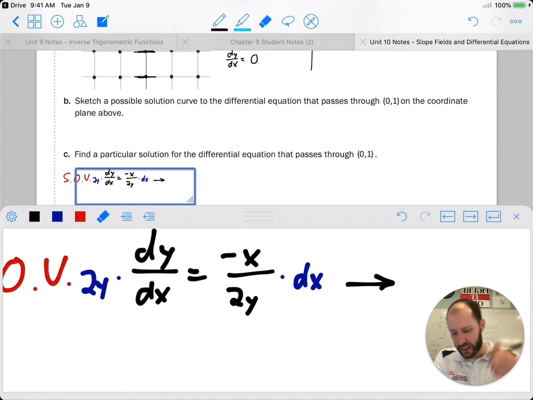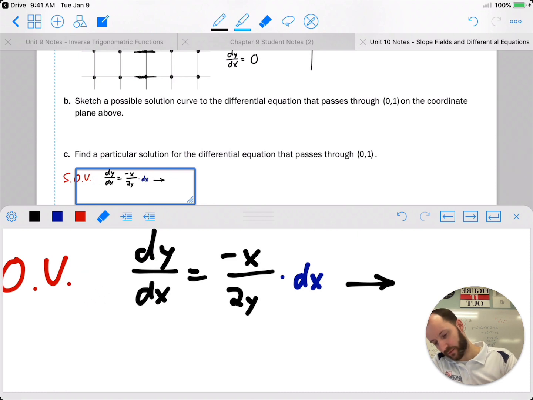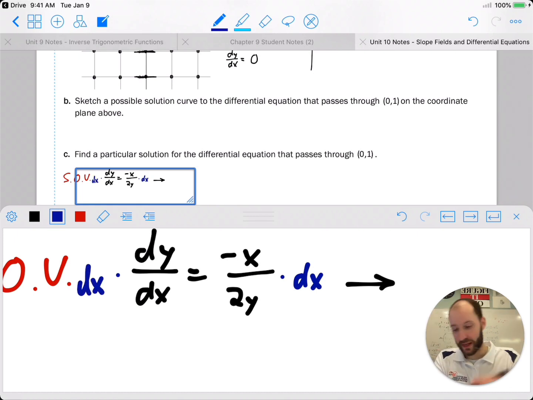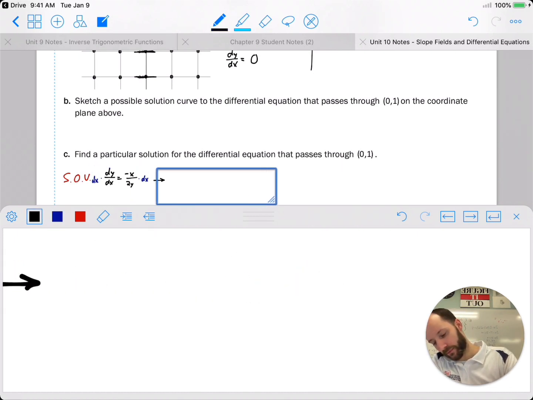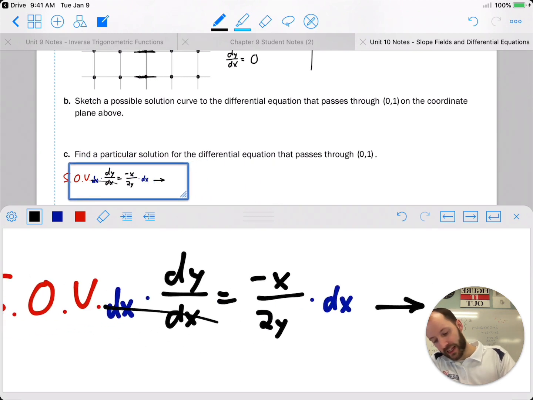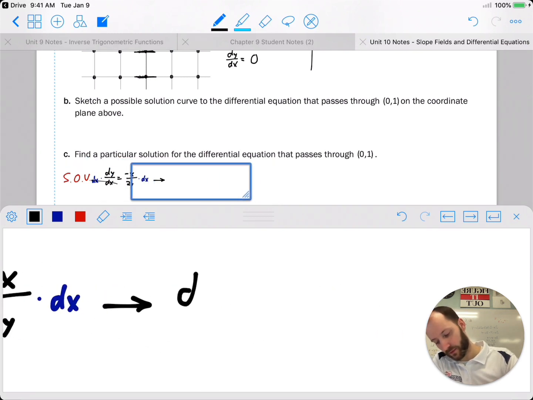I'm kind of muddying up my work. Sorry about that. I said what I meant, I did not write what I meant. So the dx is canceled. dy equals negative x dx over 2y.